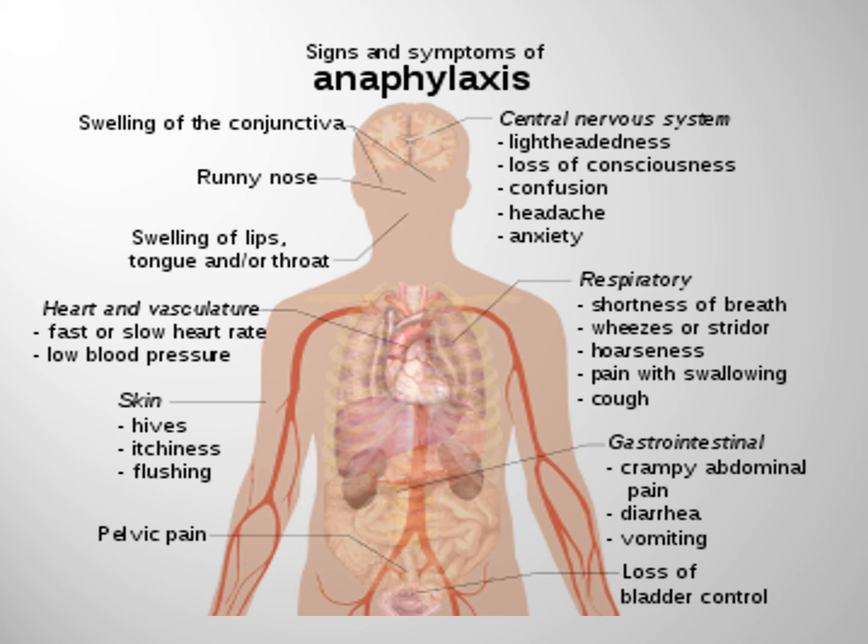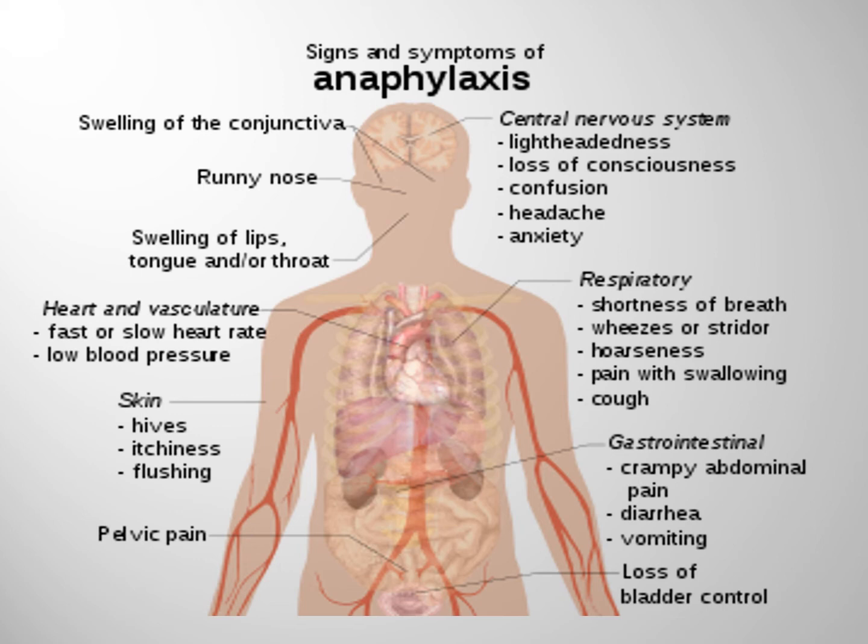The respiratory system. So the histamine release can cause bronchospasm and bronchoconstriction, so narrowing of the airway, leading to shortness of breath, wheezing. Stridor comes from the upper throat. It usually comes from the larynx, so laryngeal edema in the airway. Stridor doesn't come from the lungs.